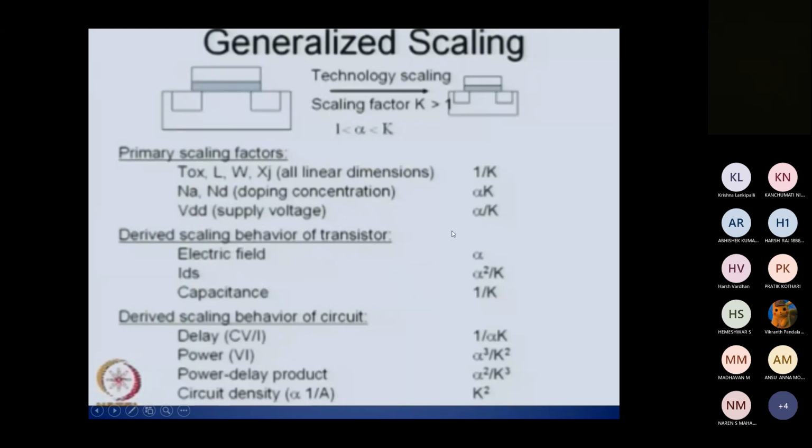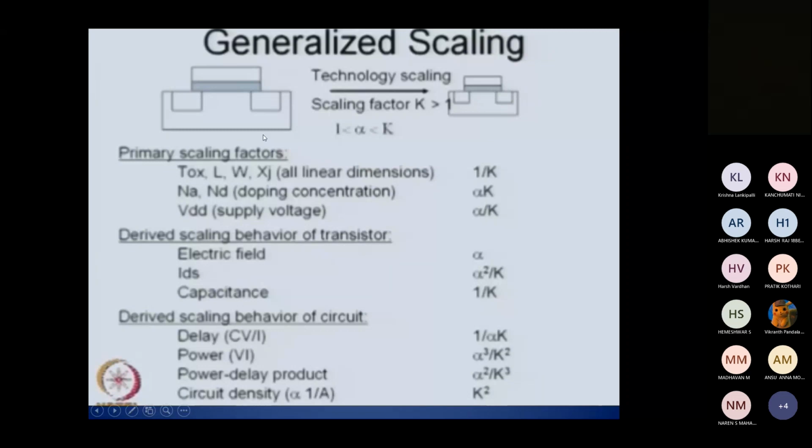It is alpha times the electric field we have for the macro device. Similarly, the drain to source current, which we commonly also call drain current, is multiplied by alpha square divided by K. So this is also an important thing. Similarly, the new capacitance will be multiplied by 1 by K, so the new capacitance will be reduced by a K factor.